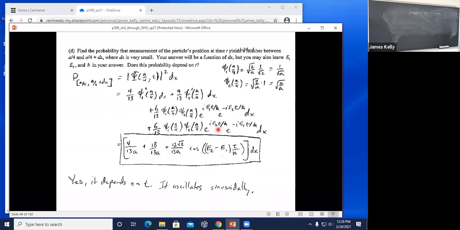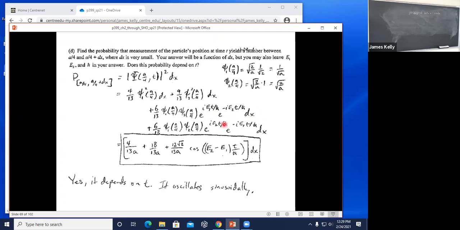This stuff here looks like kind of a mess, but I could simplify it into e to the i t over h bar times parentheses e1 minus e2. And this one in the fourth term right here has exactly the negative of that exponent. I could write it as e to the minus i t over h bar times e1 minus e2.